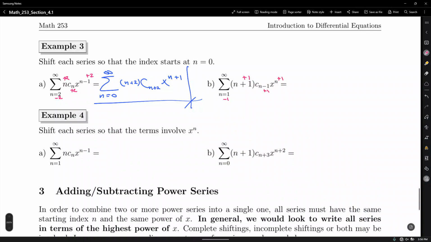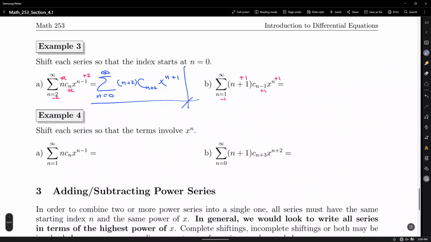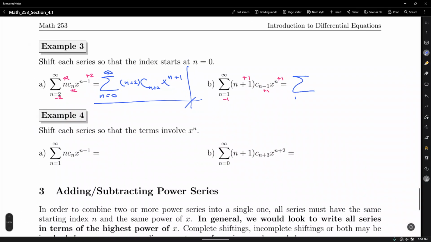So this will become sigma n equals 0 to infinity of n plus 2 c sub n plus 1 minus 1. This is just going to be c sub n, and x to the n plus 1. Final answer. Shifting indices.